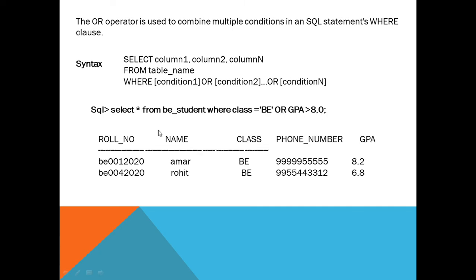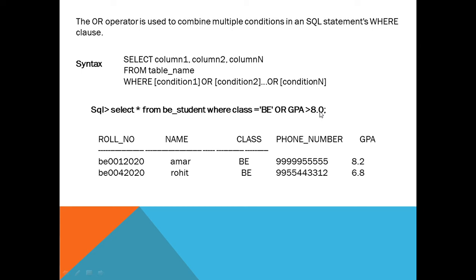It will display the roll number 001, name is Amar, class B and GPA is 8.2. You can see B004 2020, name is Rohit, class is B and GPA is 6.8. Now you see here the GPA is 6.8 and I am writing the GPA should be greater than 8.0.